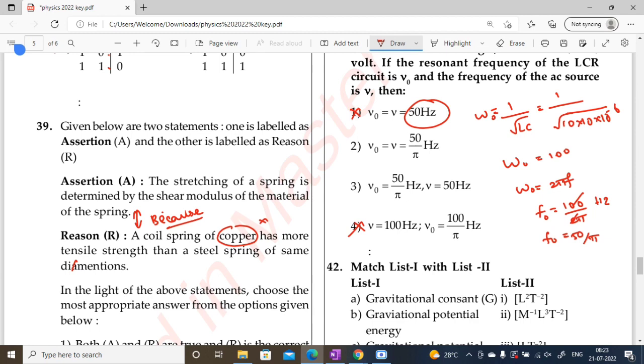In the resonance condition, we say XL should be equal to XC, which means that when I solve for the impedance, it is directly equal to the resistance of the circuit, where we are getting the maximum power. In an LCR circuit, the maximum power is obtained when XL equals XC, which is nothing but the situation of resonance, right? So automatically I can understand here this input frequency should be equal to the resonant frequency so that I can get the maximum power. I'm trying to choose the second option, right? So this should not be the answer.